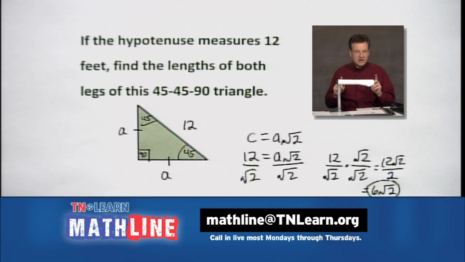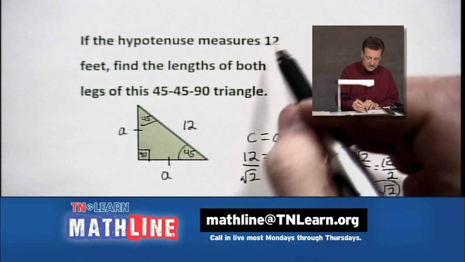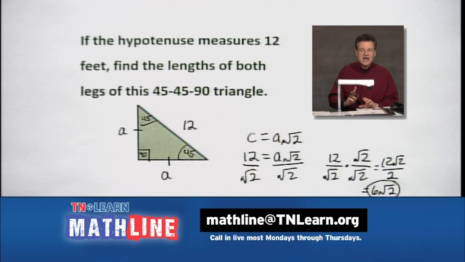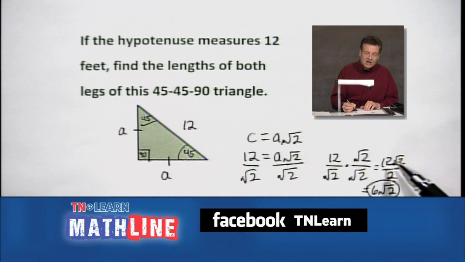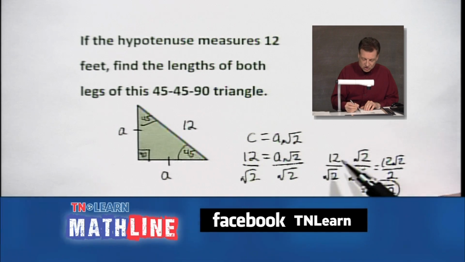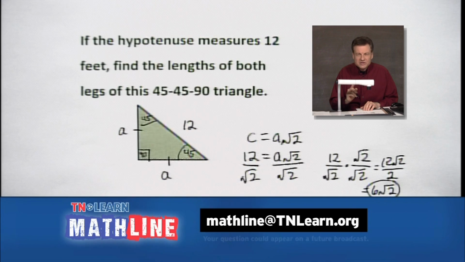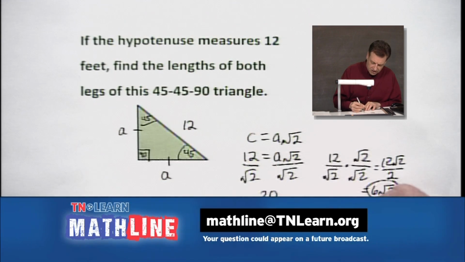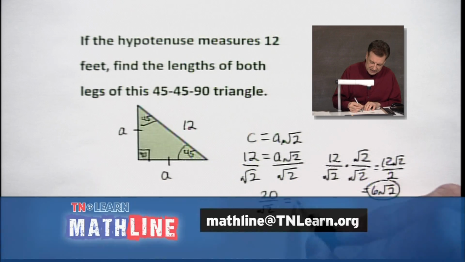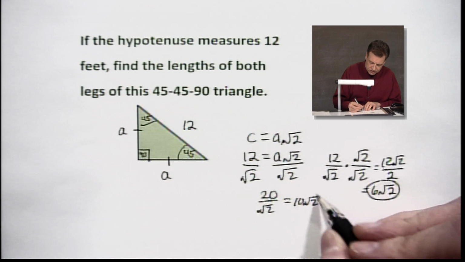And I'm going to give you a quick notation on this that'll save us a little bit of time when we have a problem like this. Especially if it's even, it works nicely. And even if it's odd, we'll be able to do one on it. But notice there's a thing called divide and attach. This 12 divided by the square root of 2, and a minute ago we had 20 divided by the square root of 2. With 20 over square root of 2, we had 10 square roots of 2.